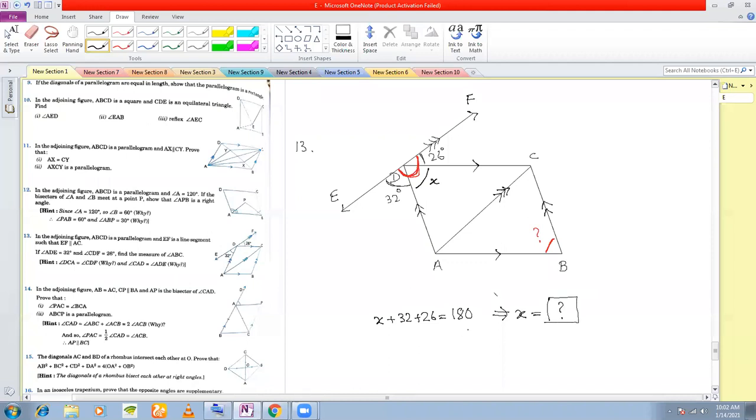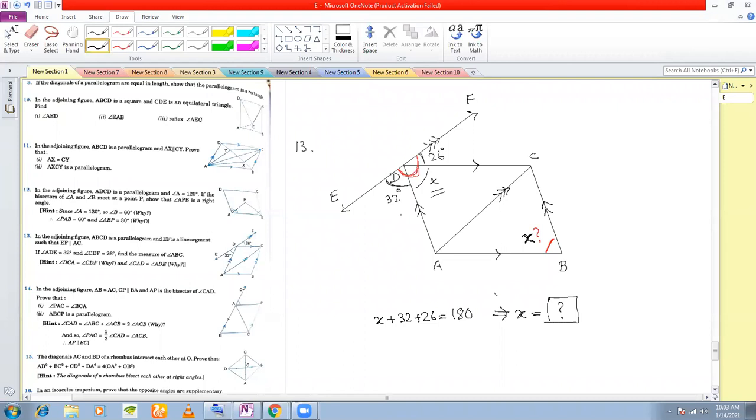Whatever value of x that you have, see this angle and this angle have to be equal. This also has to be x. Why does it have to be x? Opposite angles of a parallelogram are equal. That is why.